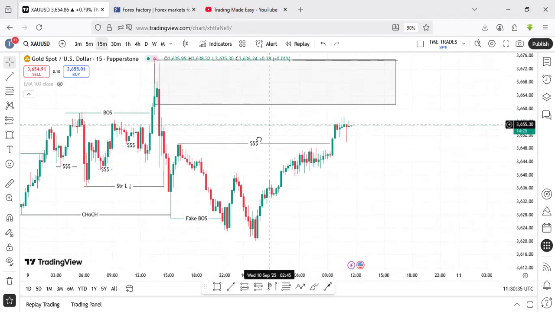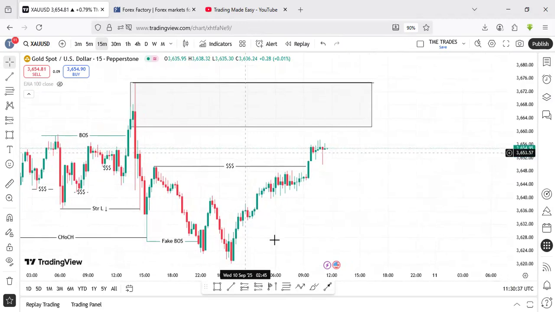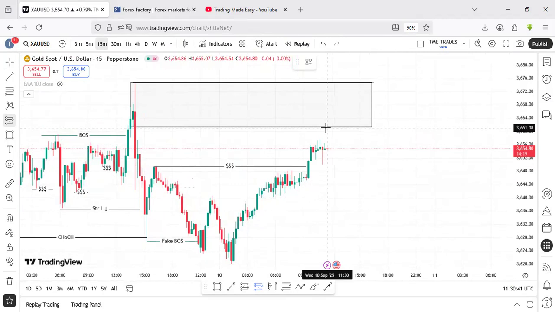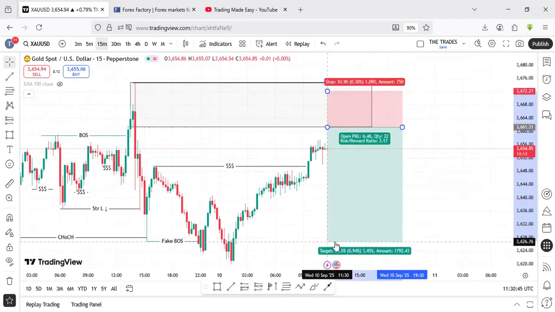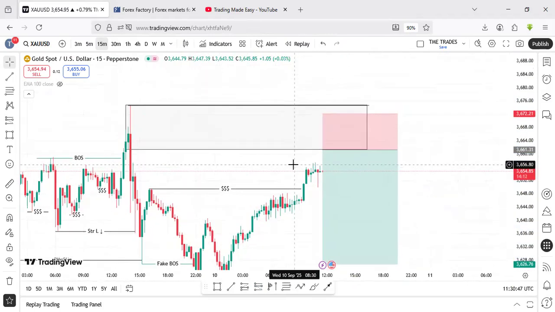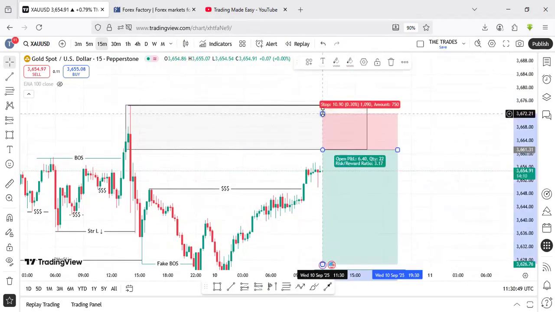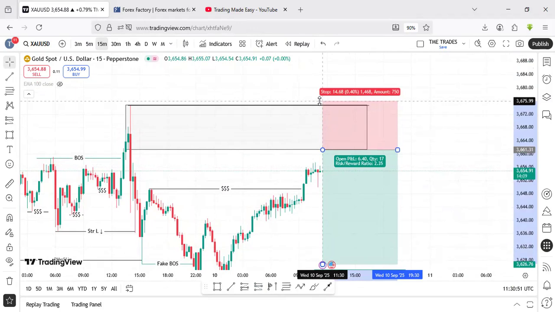But to have a very better good risk reward ratio, it is always advisable for you to trade with a very good risk management. If you're an aggressive trader, you can put your order like this, right?